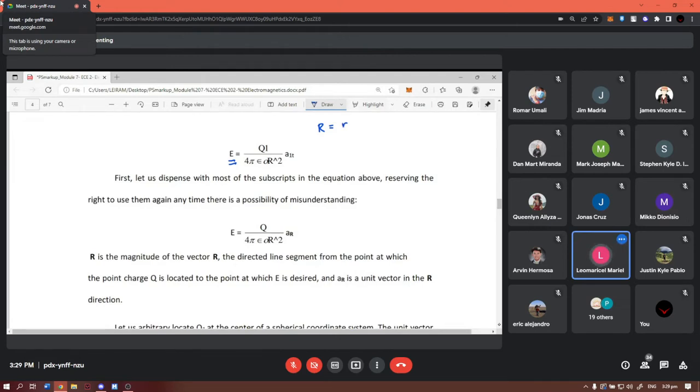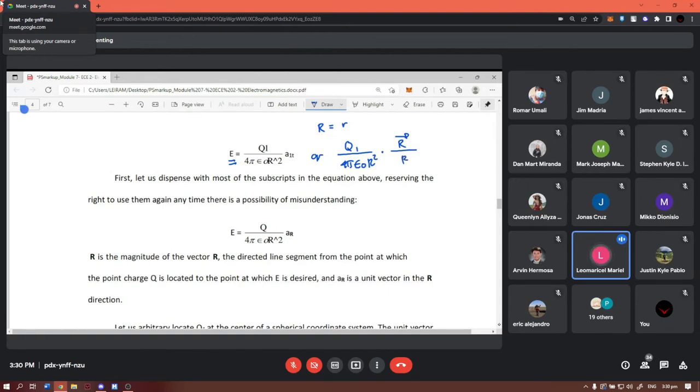For example, pwede din natin i-express ito as Q1 all over 4 pi absolute permittivity R squared multiplied by the given vector over magnitude natin.